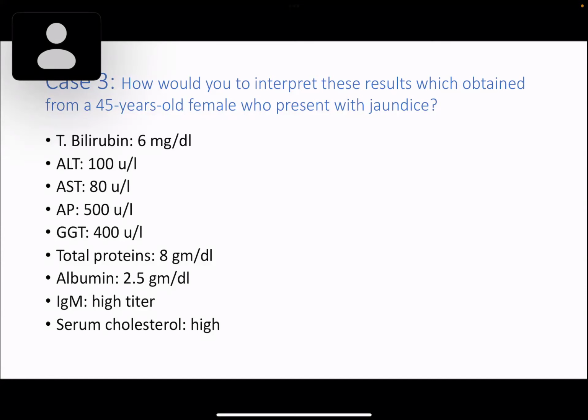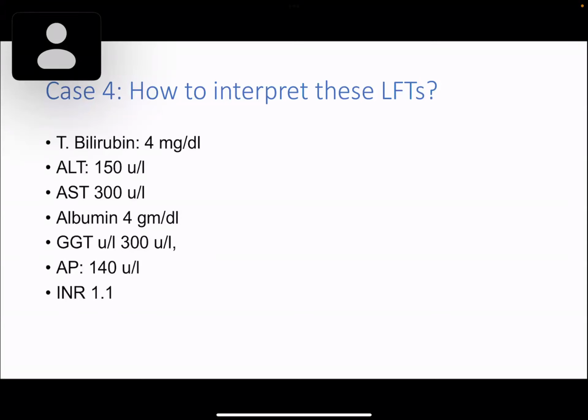Presence of these autoantibodies at a high titer will be diagnostic for this condition, for primary biliary cholangitis. At the same time, we can also do anti-neutrophil cytoplasmic antibodies to exclude primary sclerosing cholangitis. So you have to do AMA and anti-neutrophil cytoplasmic antibodies. Yes.